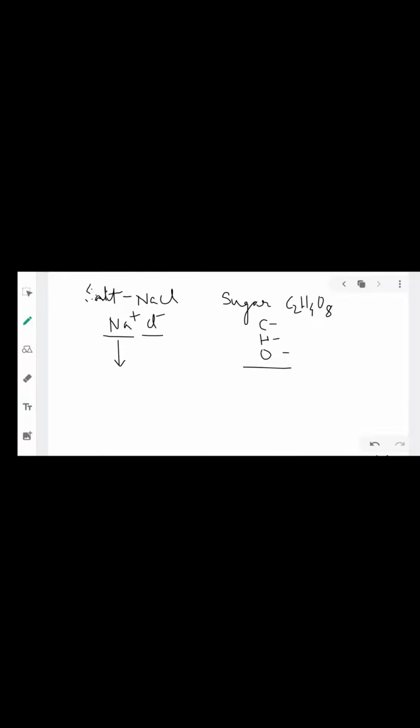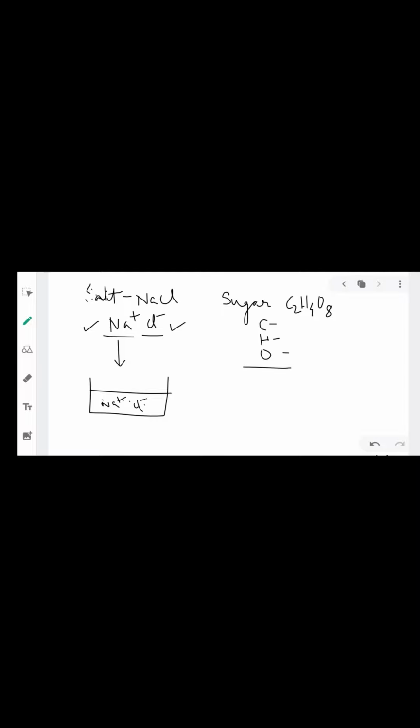So when you dissolve salt in water, the ions that make up the salt, that is Na plus and Cl minus, dissociate. They break apart and float around in the water individually, like this, Na plus, Cl minus.